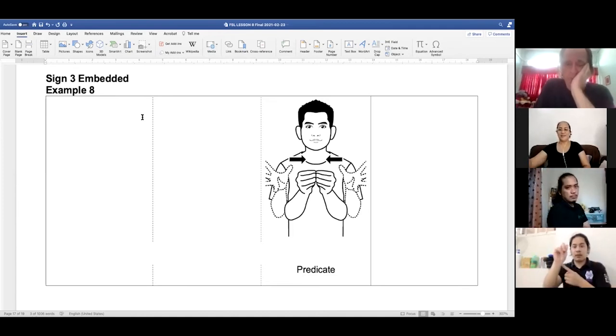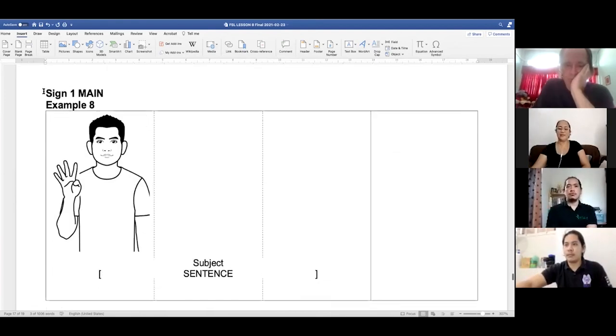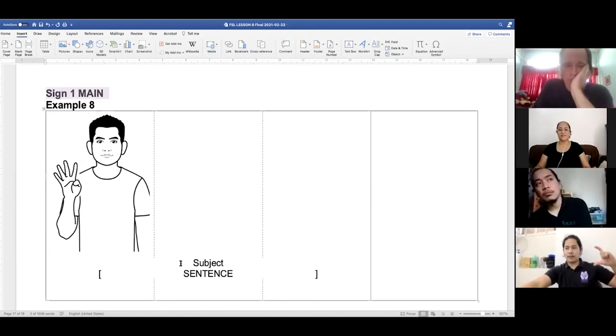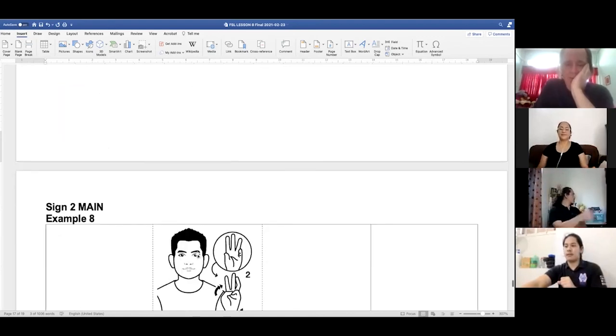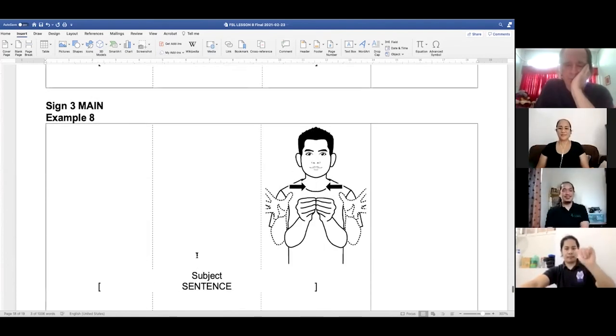Right. But it's different from the main because that whole 4, 16 together is the subject for the main, correct? Yes, that's correct. So this is part of the subject of the main.